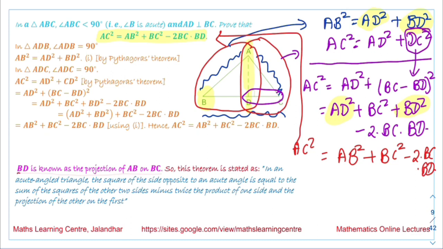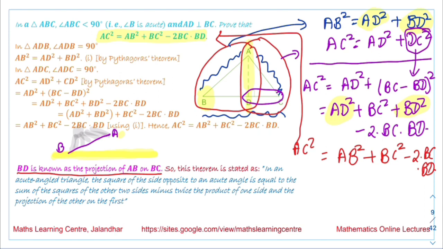Now BD is known as the projection of AB on BC. What this means is, suppose we have this BA in this form. Suppose this is some object lying over here, and this is the plane. We have some source of light over here, and the light is falling on this object in this form.